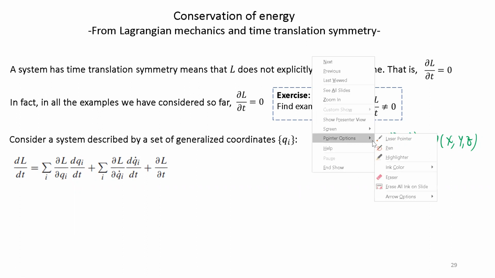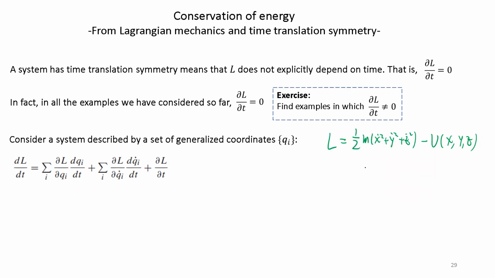It might not be a very good one, but let's consider a mass spring system, just one dimensional, and you know that the Lagrangian is just 1/2 m x dot square minus 1/2 kx square.